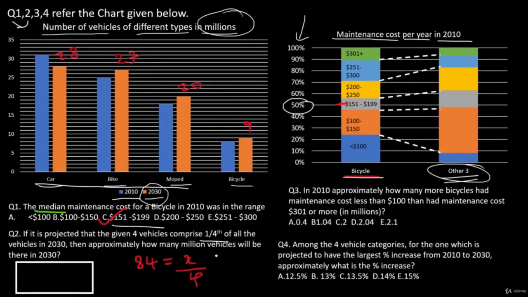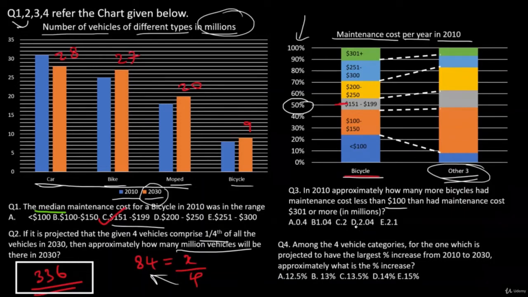Therefore X is equal to 84 into 4, which is equal to 336. So the correct answer is there are 336 million vehicles in 2030. All right, let's move to the next question. In 2010, approximately how many more bicycles had maintenance cost less than $100 than had maintenance cost $301 or more, in millions?